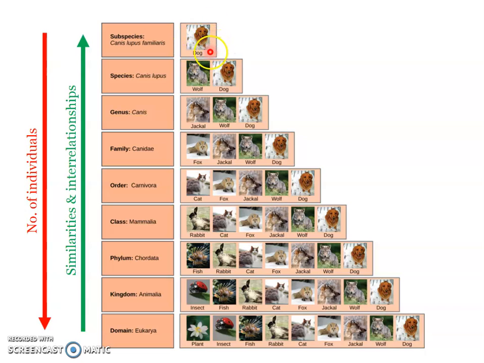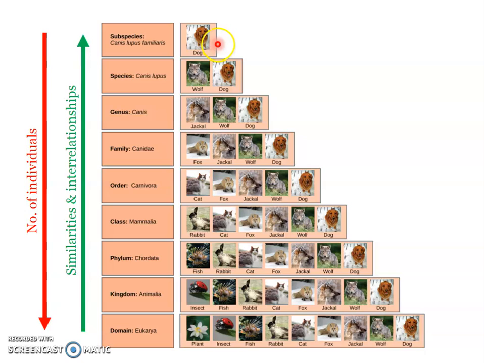Now what we have done, we have taken different animals. We have different animals in our hand. We have cats, rabbits, fish, insects, and plants like jasmine or marigold, etc. But we have selected only those members which could be put into the group dog, and we have given a biological name, Canis lupus familiaris, which we will be learning later.